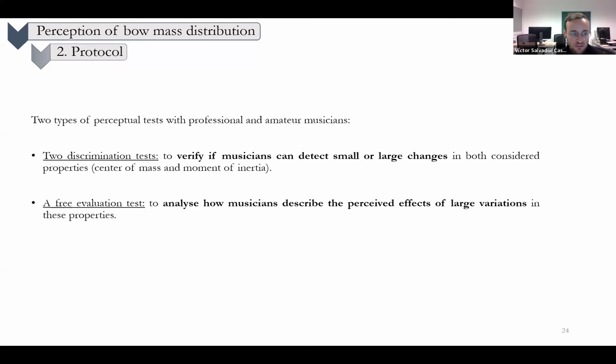And then we performed a free evaluation test, this time only with big changes of those properties. You remember that those outliers, both C and E, which are an outlier in the moment of inertia and the center of mass, we only considered these both to analyze how they described these changes.